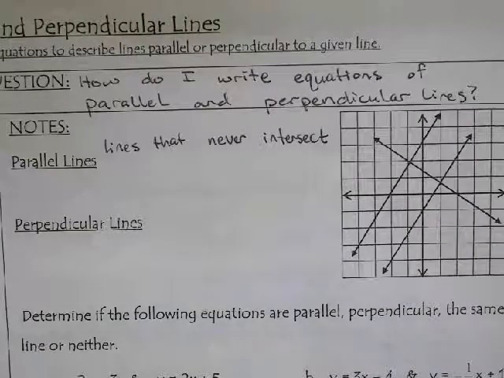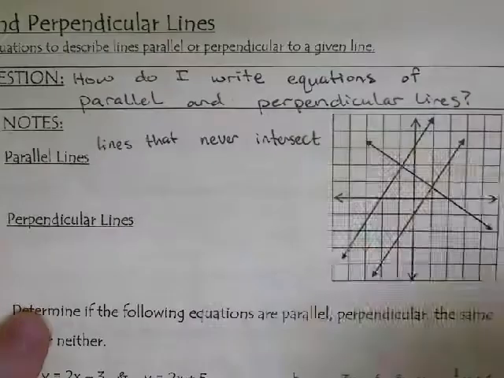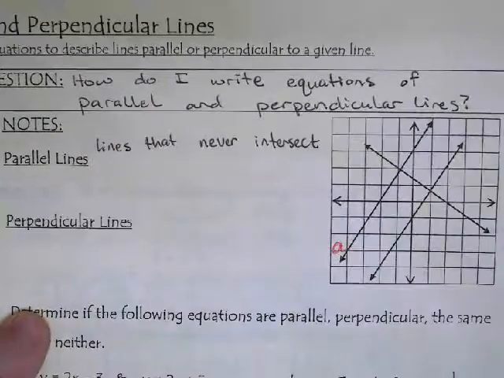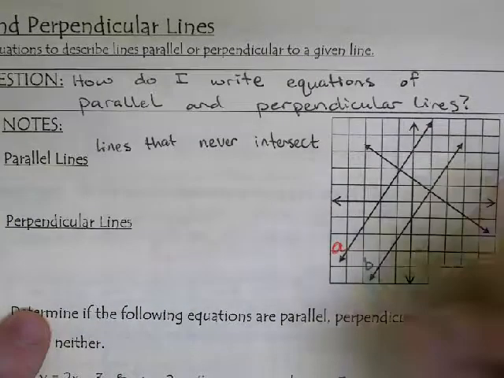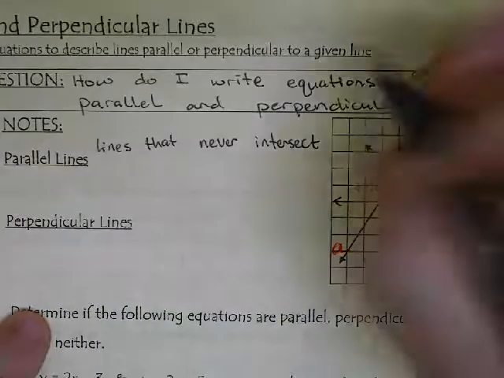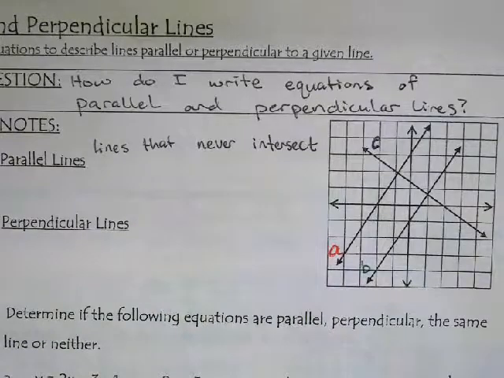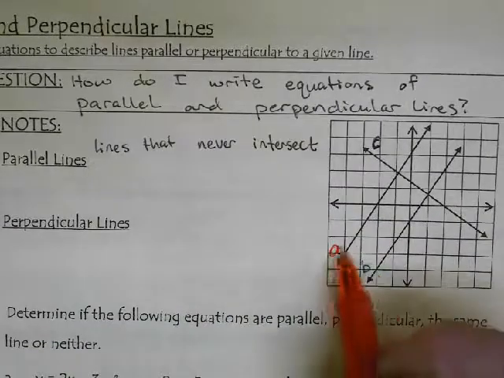So let's say we label these lines A, B, and C. Lines A and B are parallel.